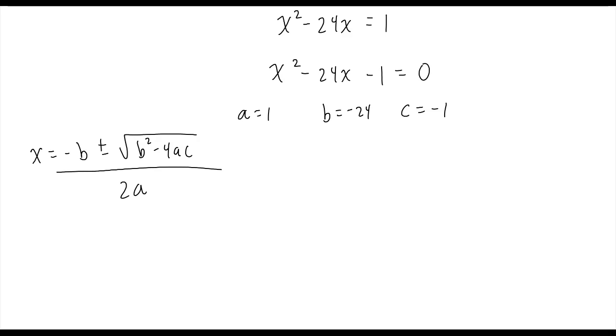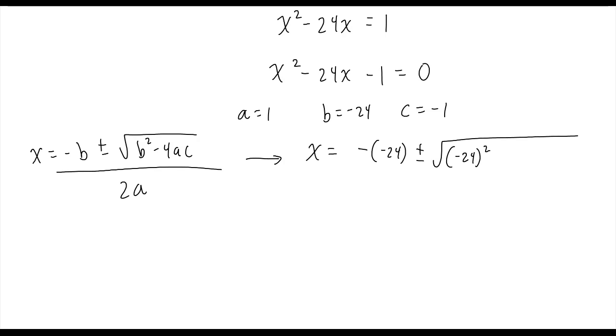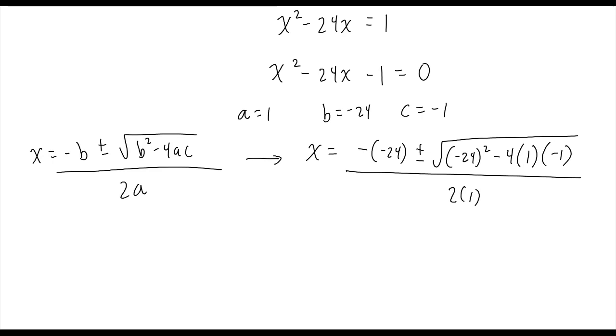Okay, so let's plug all that in. So negative b is negative 24 plus or minus square root b squared minus 4ac over 2a.